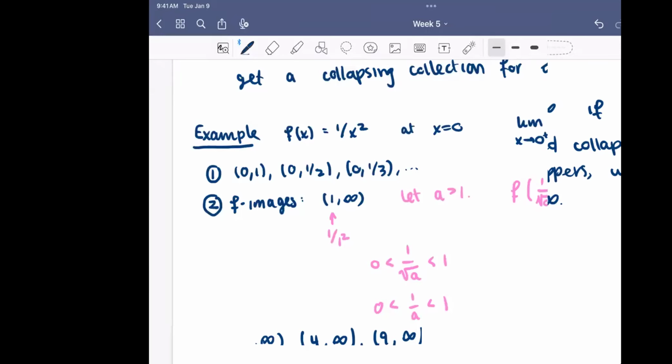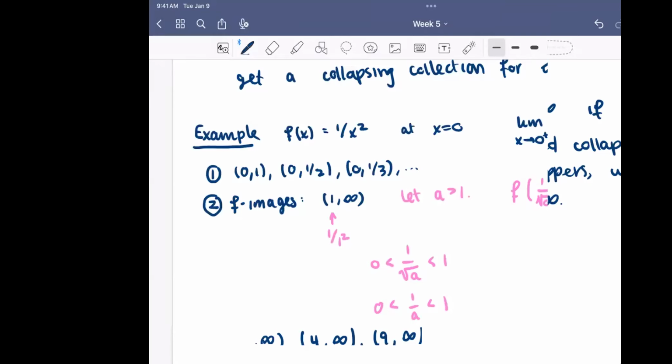So you're saying, let's say we define a function that is 1/x² everywhere except at 0, where we just define it to be 0. And we want to see, is this continuous at 0? Yeah. So if you look at collapsing collections, they won't be a collapsing collection for infinity. Let me draw a picture.